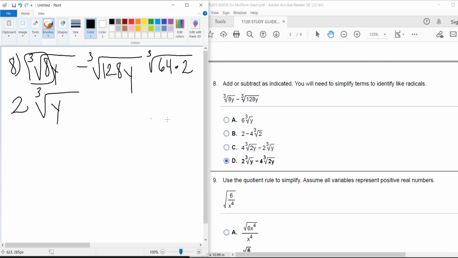And that would be just 4. So a 4 goes on the outside, and the cube root of 2y stays on the inside. Well, the cube root of y and cube root of 2y are not like terms, so we cannot combine them together. So this expression here is our final answer.